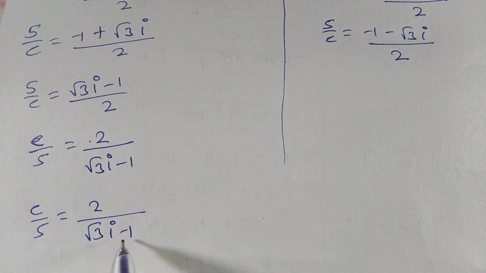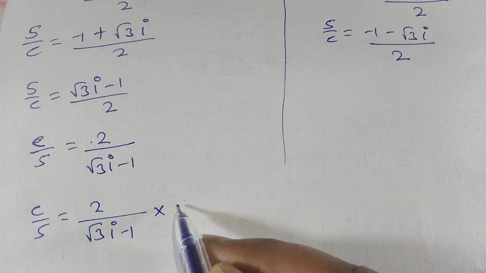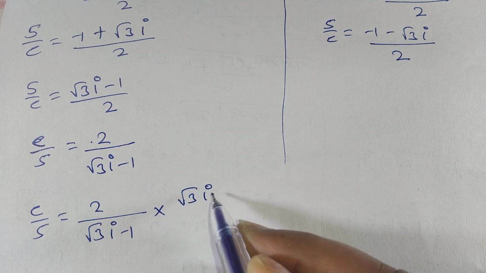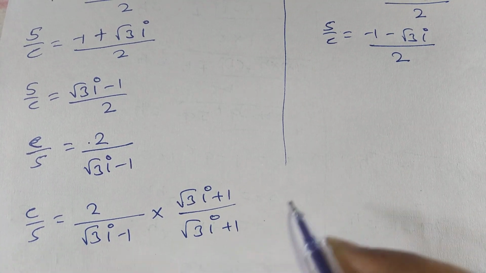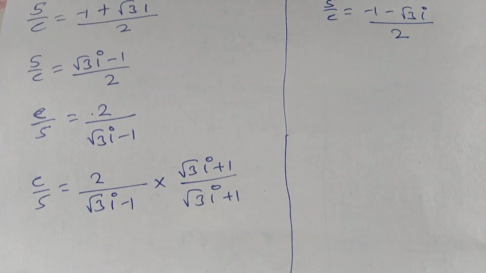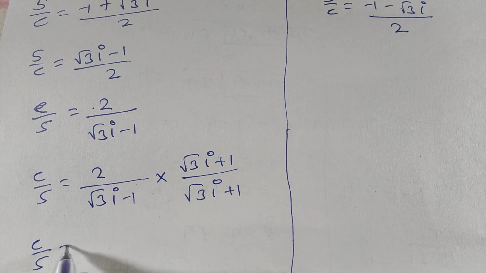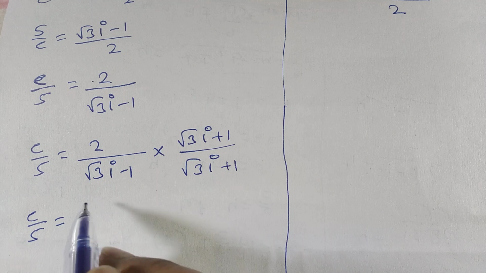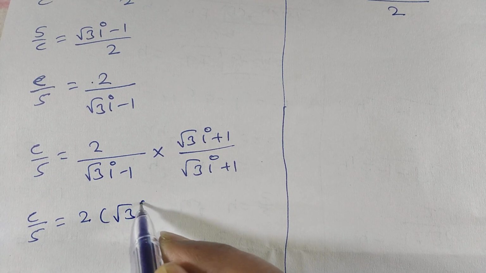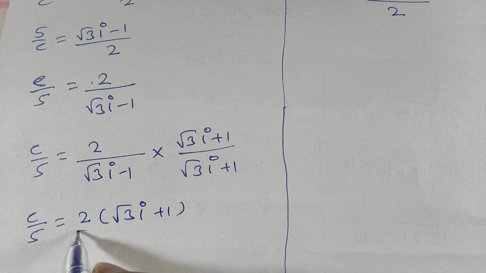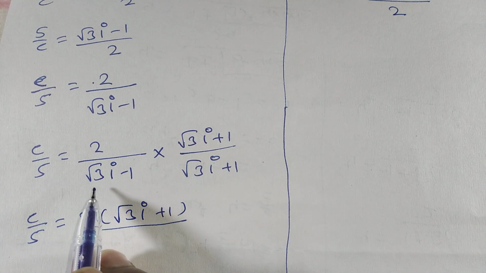Multiply by, in this denominator, the conjugate, square root of 3 iota plus 1 over square root of 3 iota plus 1. C over 5 is equal to 2 times square root of 3 iota plus 1 over this.